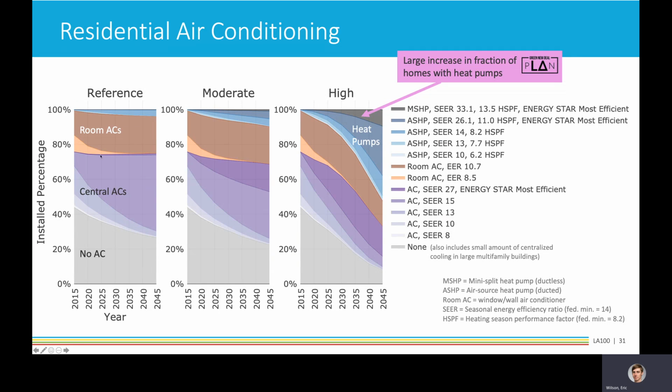The different shades of colors here are different efficiency levels of air conditioners. In the moderate and high scenarios, you can see that the higher efficiency pieces of equipment make up a larger portion of the installed stock. You can also see in the high scenario, especially, the fraction of homes with no air conditioning decreased substantially, and that's related to the increase in heat pumps as part of the high electrification scenario.